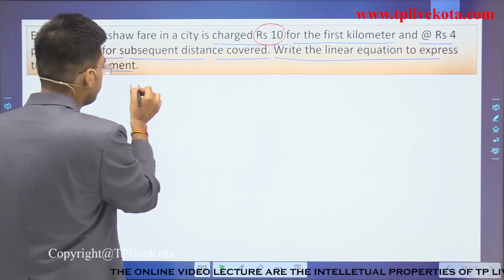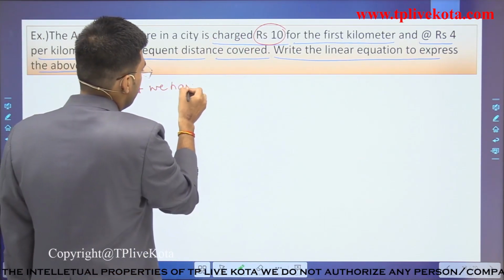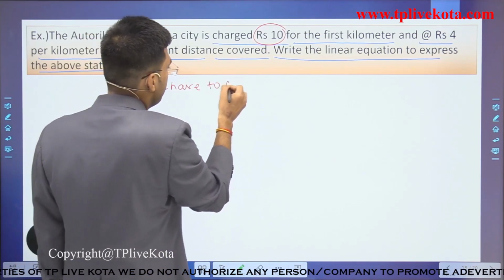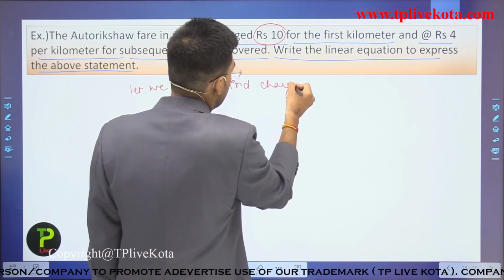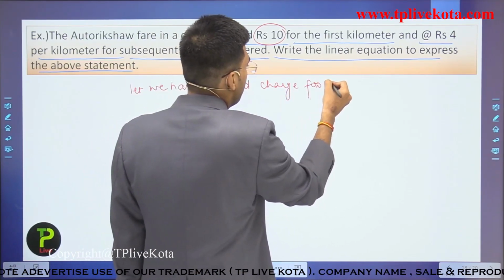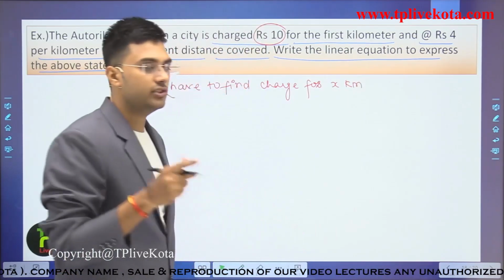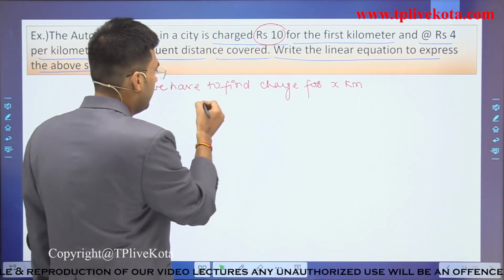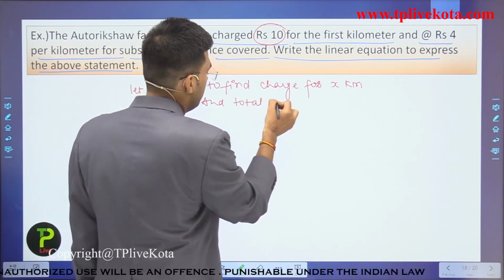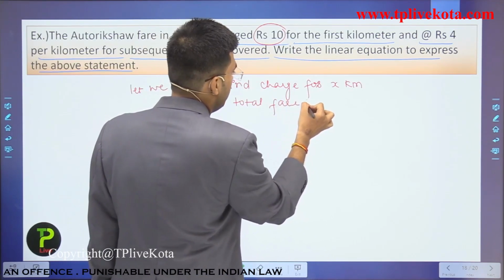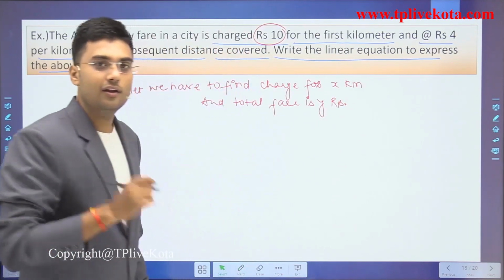So we have to find the charge for x kilometers. Okay, we have to find the charge for x kilometer, and the total fare is y rupees.